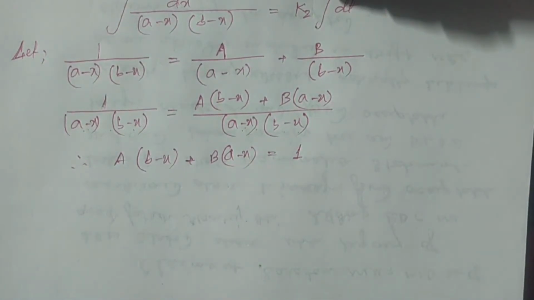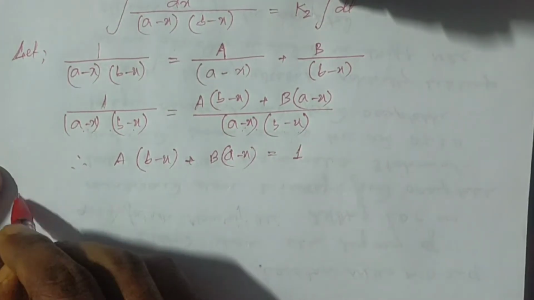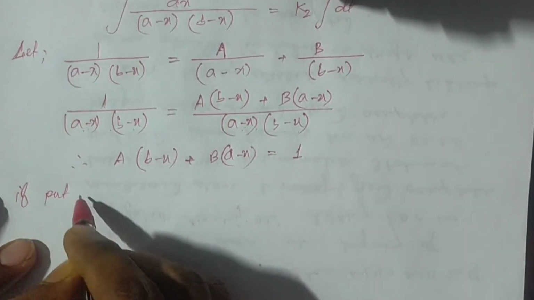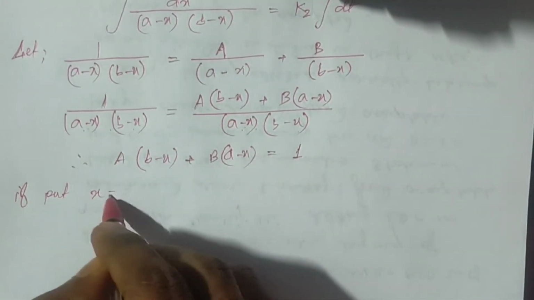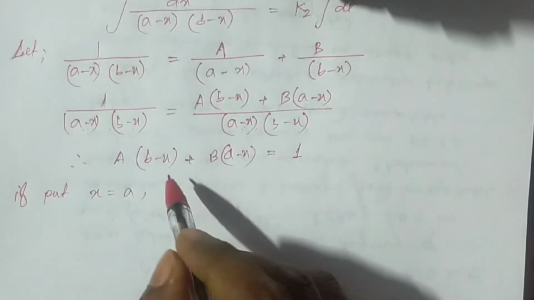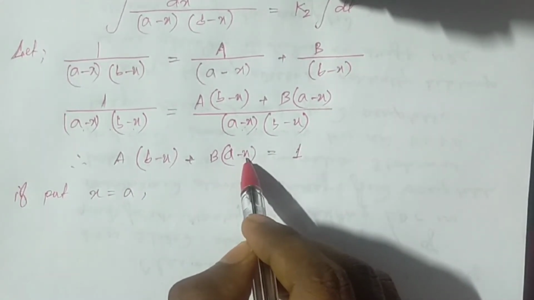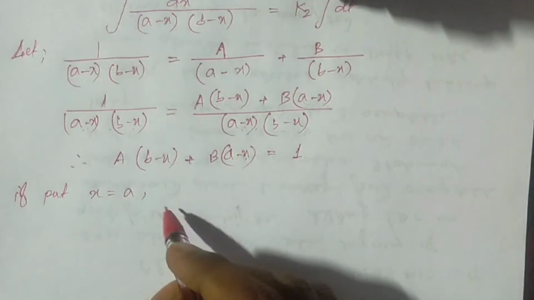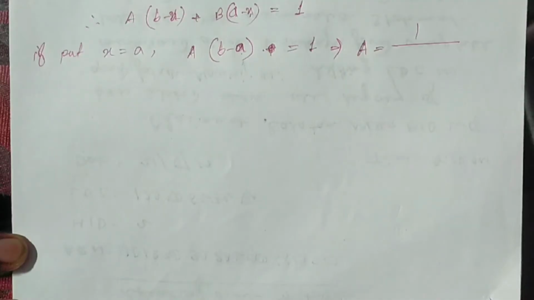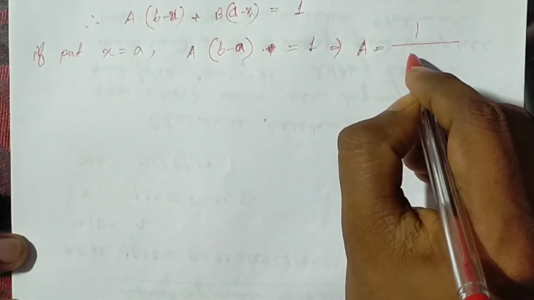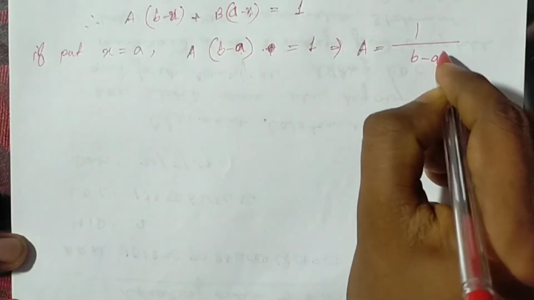Okay, so next we will write what, if we put x is equal to a, we will get B(b minus a) is equal to 1.